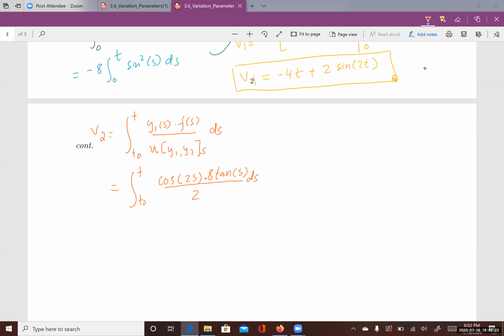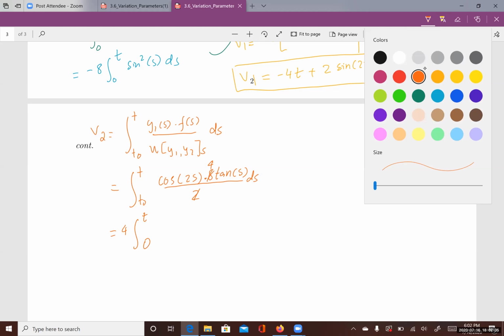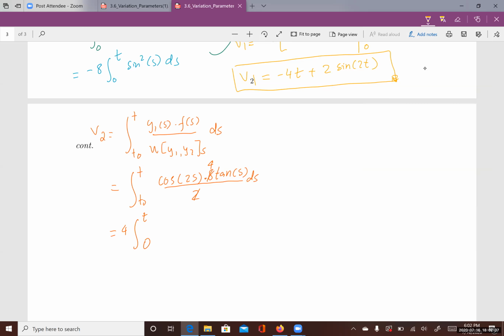Okay. So again, I'm going to cancel this. It's going to be 4. Move the 4 to the front. t0 is 0. Cosine 2s and tangent of s. Go through all the trig identities.